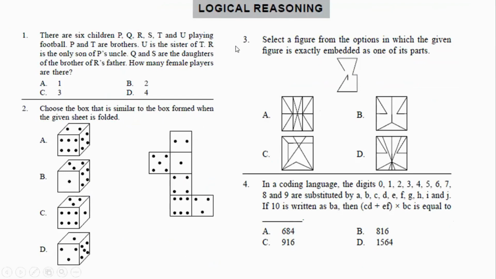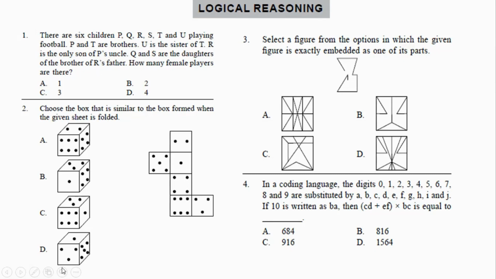The first question here says, there are 6 children, P, Q, R, S, T, and U playing football. P and T are the brothers. U is the sister of T. R is the only son of P's uncle. Q and S are the daughters of the brother.